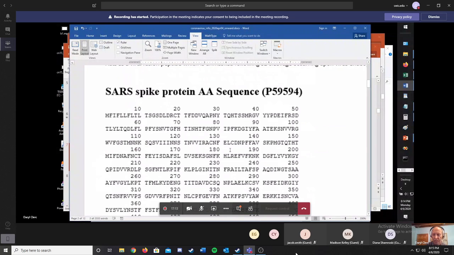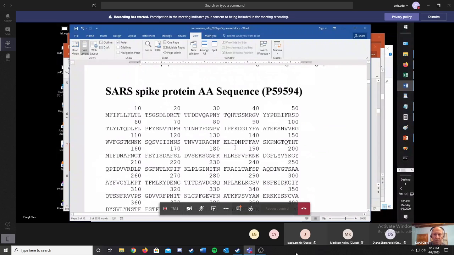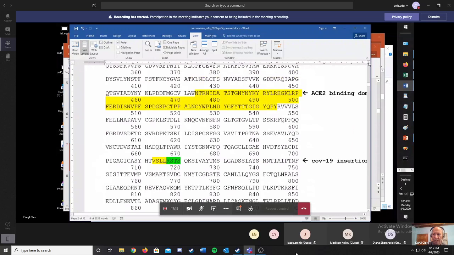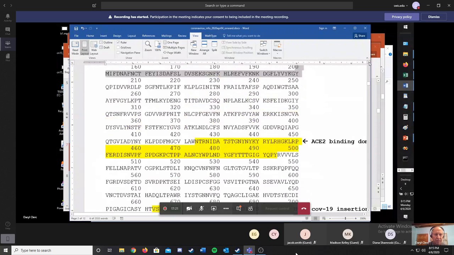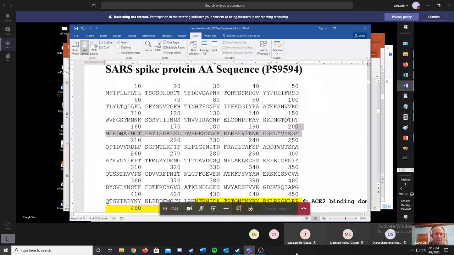So here's the end of it. It starts at the first residue. Its very first one is M, then F, I, F, and those letters stand for amino acid residues. They're listed in order from 10 to 50, and then 60 to 100, and so forth.